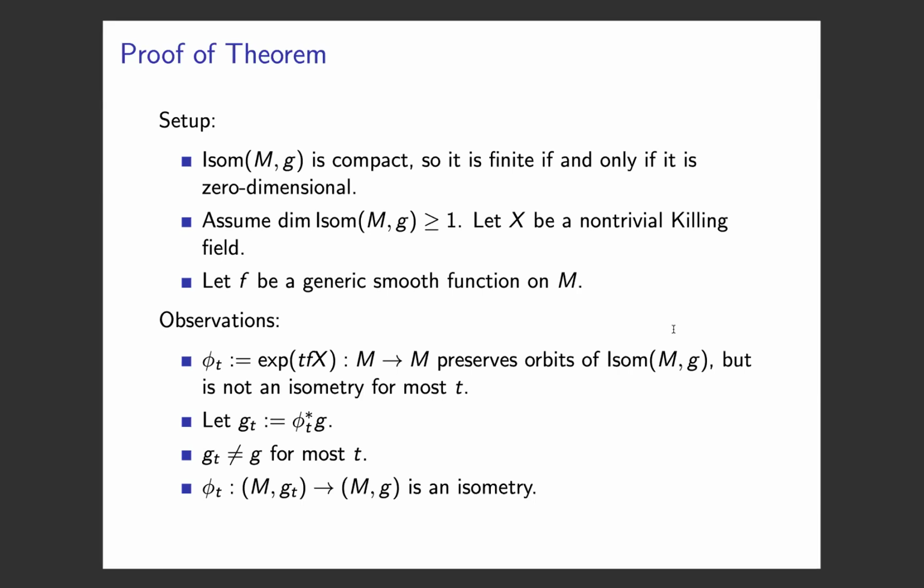Then we're going to modulate the Killing field by f. We just multiply it by f to change the amplitude at any given point.